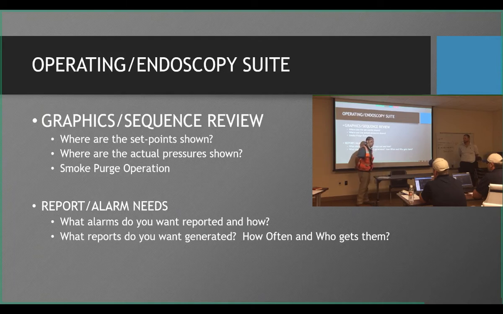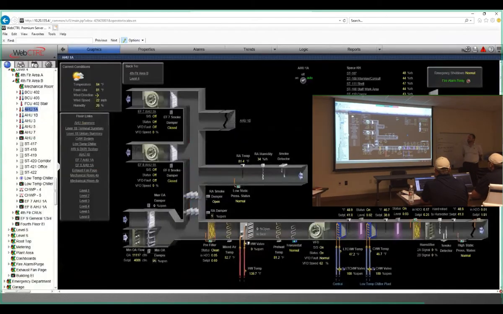How about trend data for the ORs, and any specific trends that you guys would like to be trending? Do you have any requests for that right now that we should be setting up for you? Obviously, if it comes to mind, we'll do it for you. It's worth thinking about. Temperature and humidity. So if we want to set up a trend for temperature and humidity, Michael, it's already trended temperature and humidity, right? And it keeps that information for how long? I'll switch back here. Let's go see.